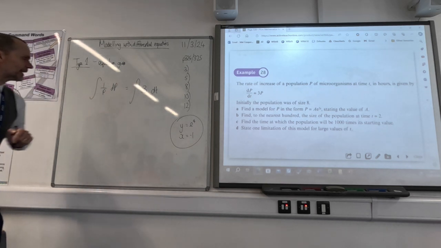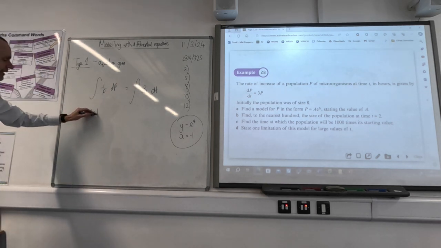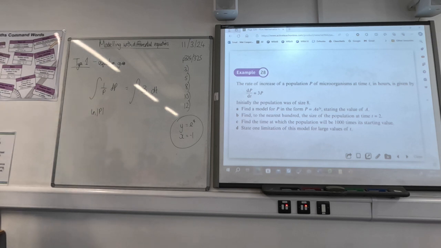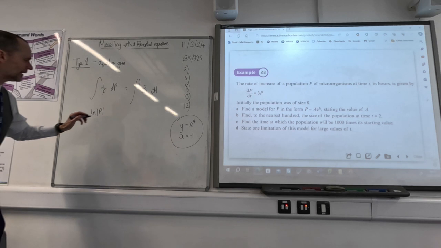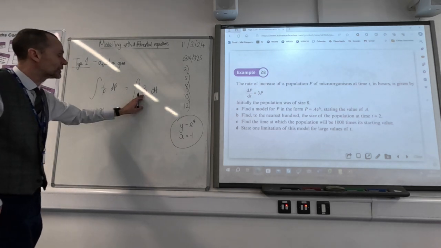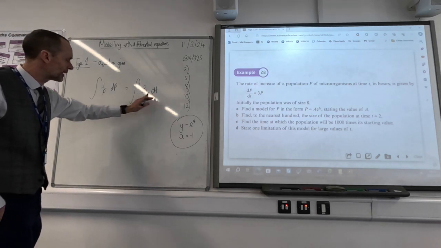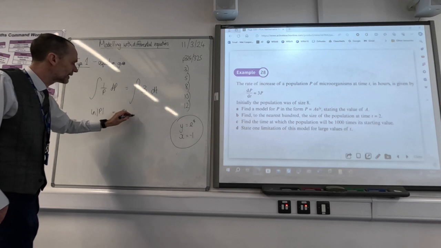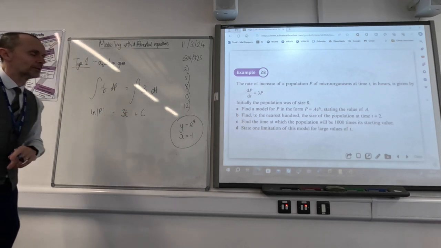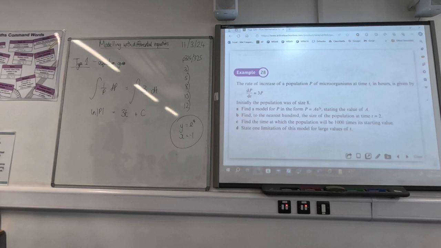So I'm going to integrate both sides. This becomes the ln of p. I was hoping I could dispense with the modulus signs, but I'm just going to be a little bit more careful. And on this side I've just got 3, which if you integrate 3 with respect to t, gives you 3t, plus a constant.